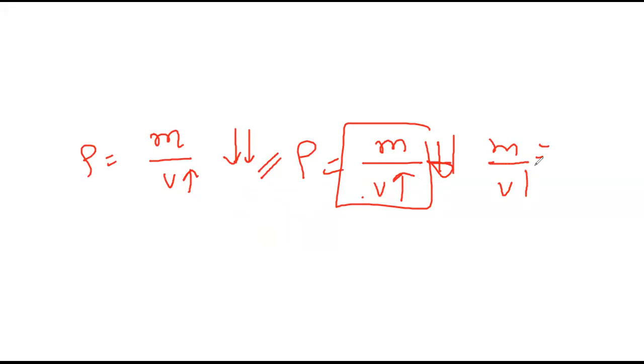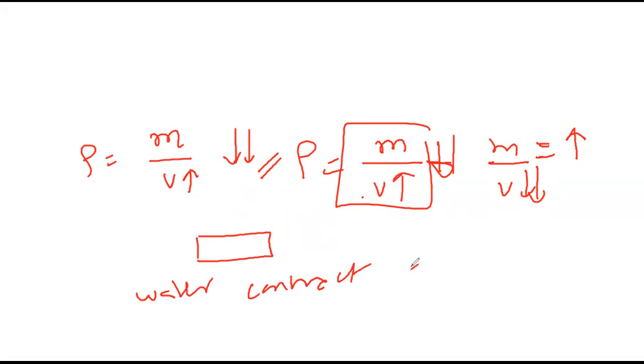And when volume is decreased, what about density? Density will increase. Very good. If it is the same mass of water but it contracts, then what about density? It contracts, meaning volume will become less, so the density will increase. But if it expands? The density will reduce.